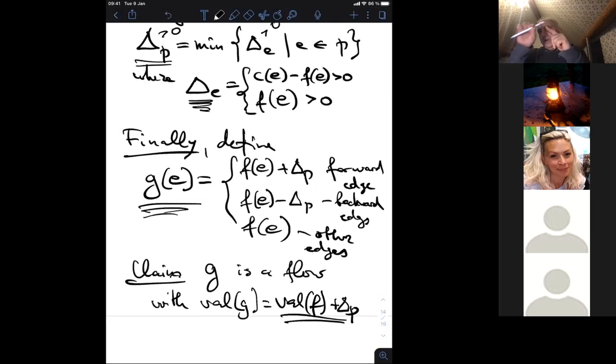So the total balance is preserved. And if this edge goes that way, then we diminish this again. We increased an inflow by delta P, but this would also be an incoming edge to this vertex, and we removed the same amount from another incoming edge. So the total incoming flow here hasn't changed, and all other edges are still the same. So G still defines the flow.